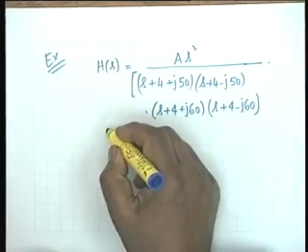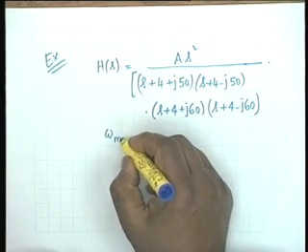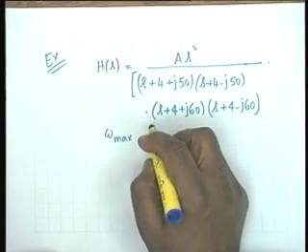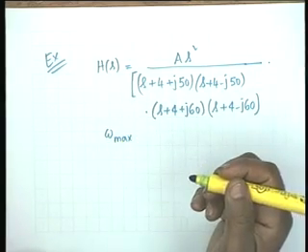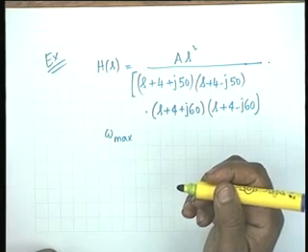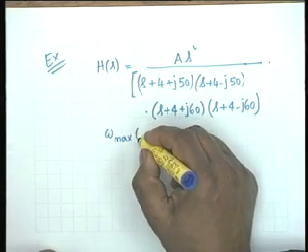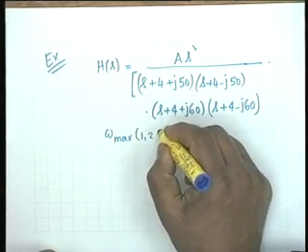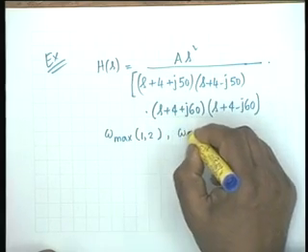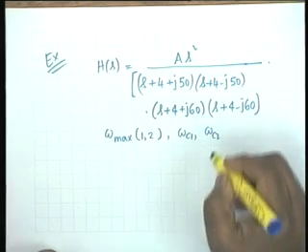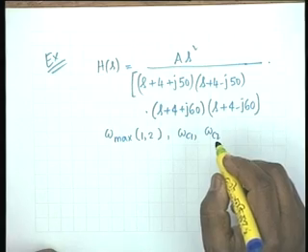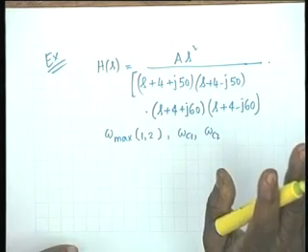We have to find out the frequencies of maxima, omega max. If there are 2, both of them, 1, 2, you have to find out omega C1, omega C2. This will always exist, whatever the value of k and zeta, because it is a band pass. Is it a band pass response?